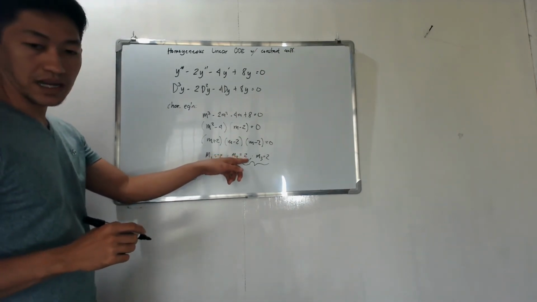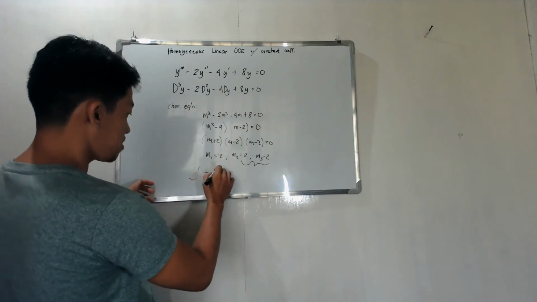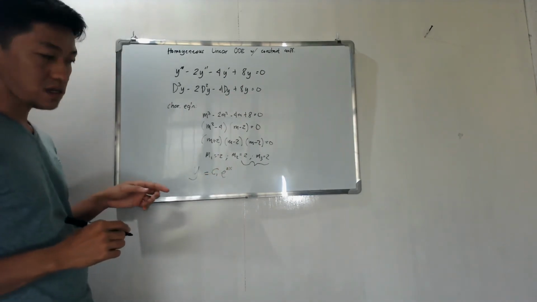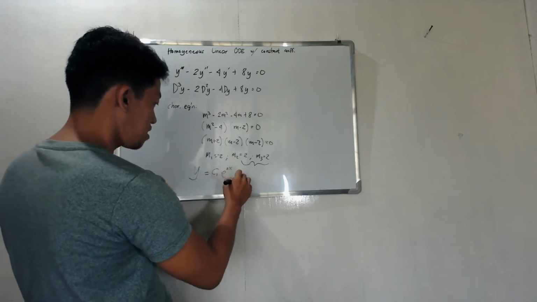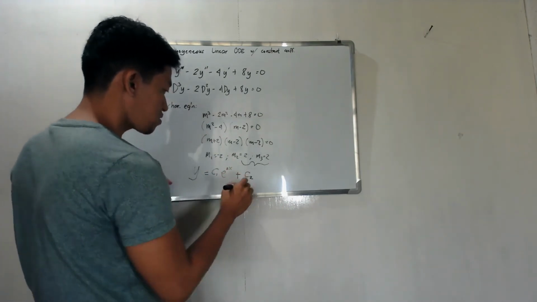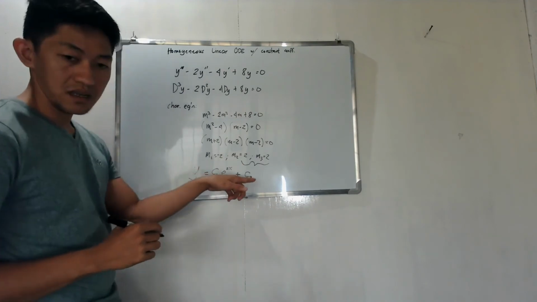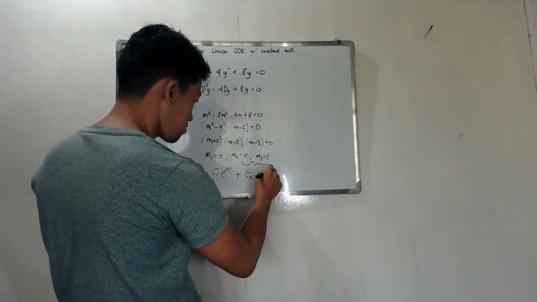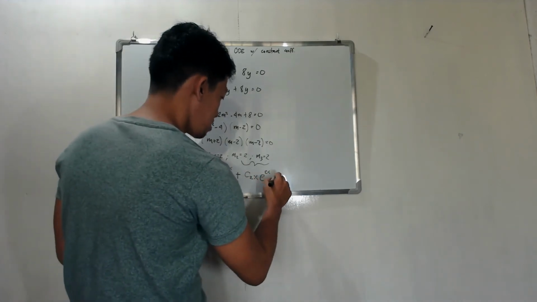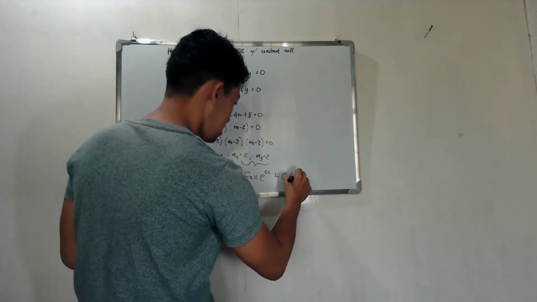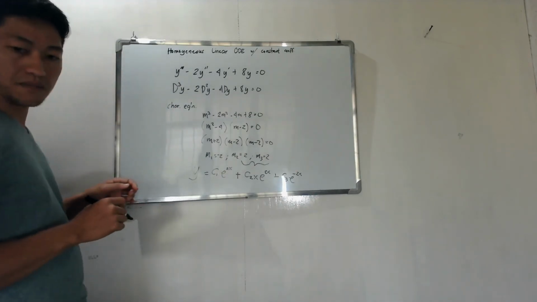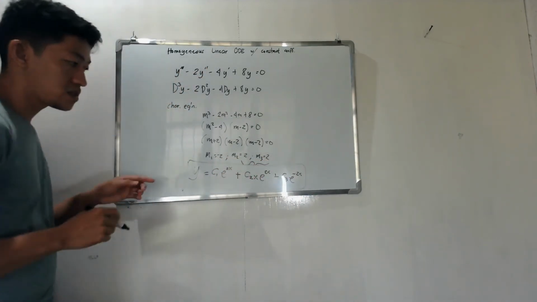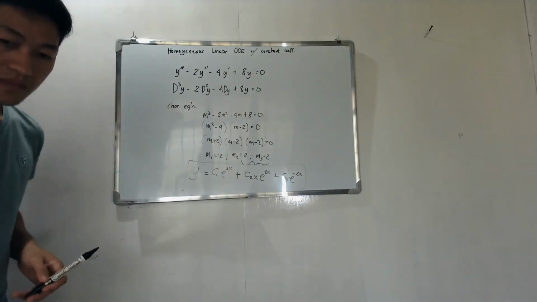Okay, kung mag-start tayo dito sa 2, you have C1 e to the 2x, plus C2, since repeated, maglagay ka ng isang x, x e to the 2x, and then ito C3 e to the negative 2x. So this is now your general solution. Okay?